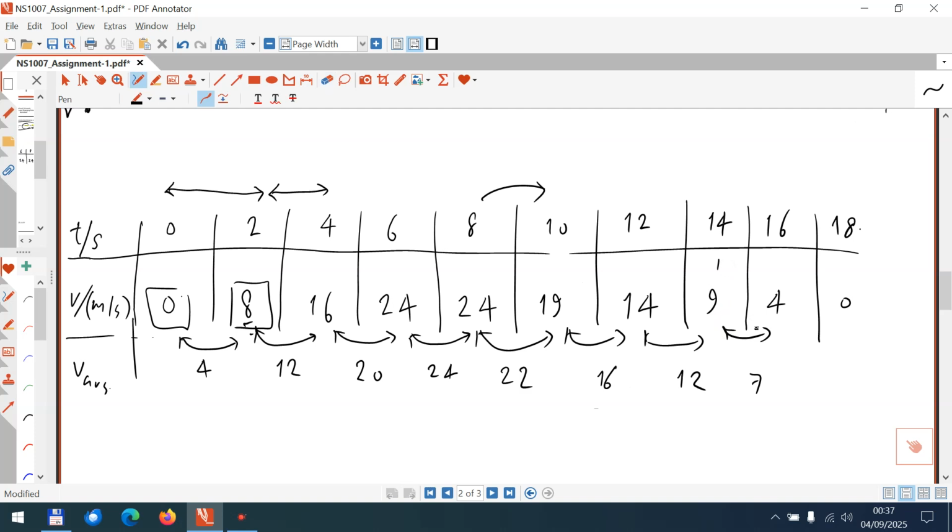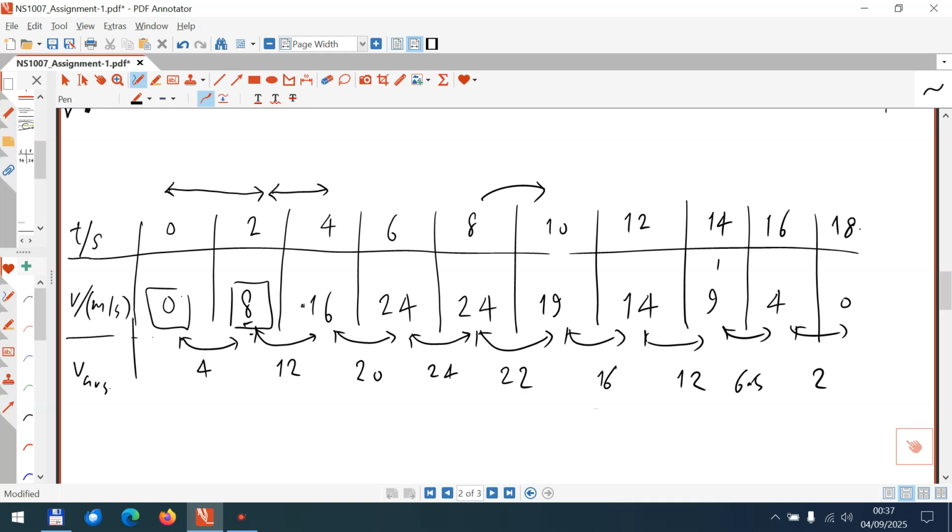So here you can actually go with 6.5, because 6.5 has only two significant figures. That is justified, I guess. 9 plus 4 is 13. 13 divided by 2 is 6.5. Yeah, that's good enough. And 4 plus 0 divided by 2 is 2. Yeah, so now we have all the average speeds here.